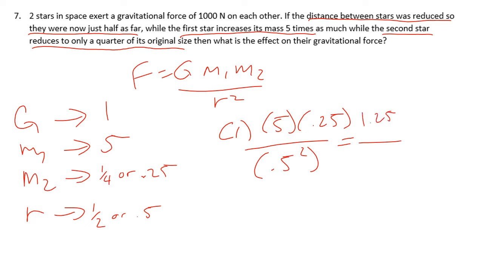It's going to be 1.25 divided by 0.25, which reduces simply to 5. So that's going to tell us the force grows or increases, right? 5 times stronger, 5 times the force, increasing.